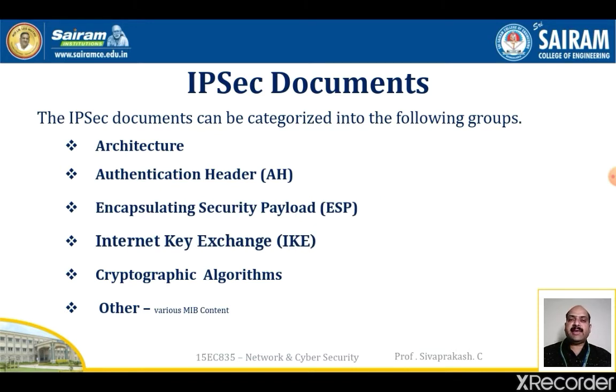Next, Internet Key Exchange. This is a collection of documents describing the key management schemes for use with IP security. The main specification is RFC 5996, named Internet Key Exchange Protocol version 2, IKEv2. But there are a number of related RFCs also available for this key exchange.